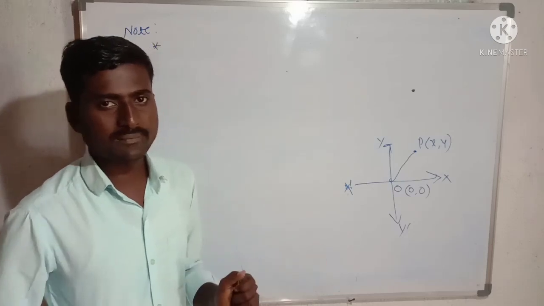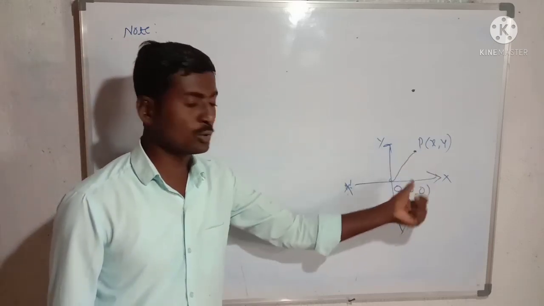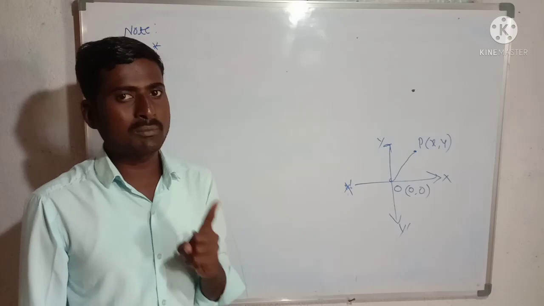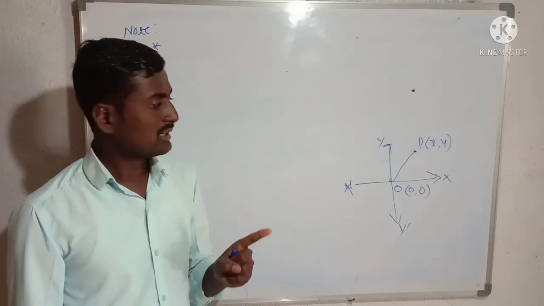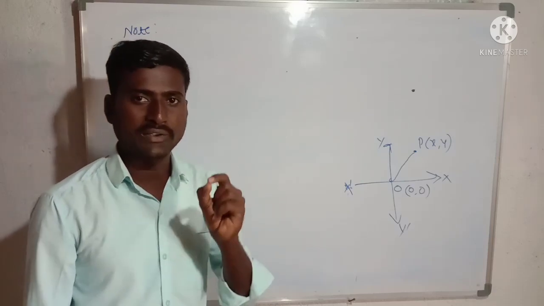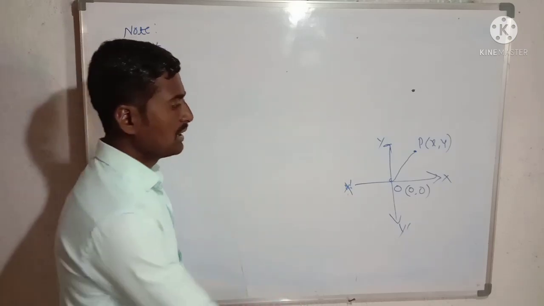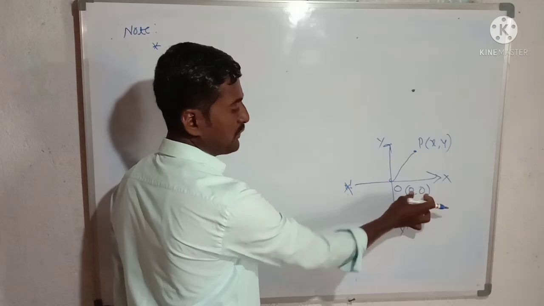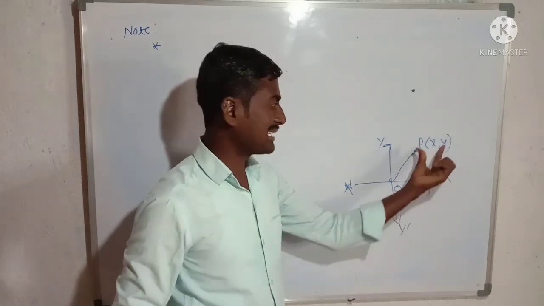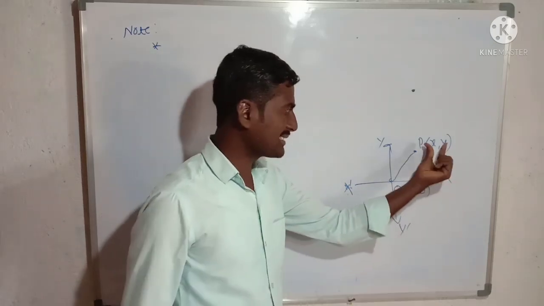Now I will ask you, what is the distance between these 2 points, O and P? How can I find it? We already know the formula: distance is equal to the square root of x2 minus x1 whole square plus y2 minus y1 whole square. I will take this as x2, y2 and the origin as x1, y1.